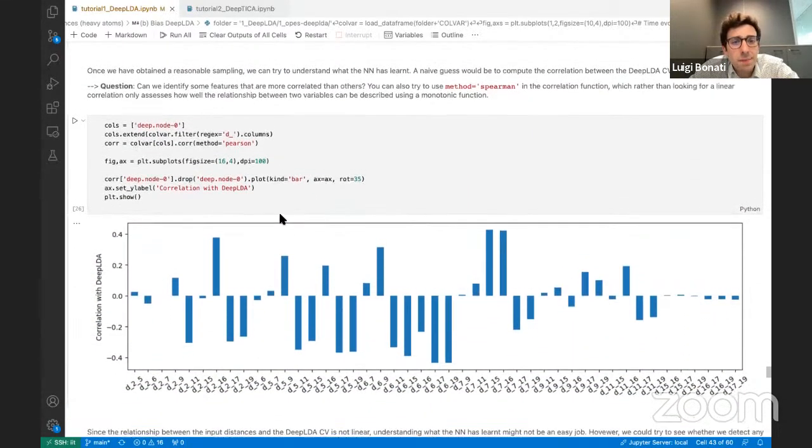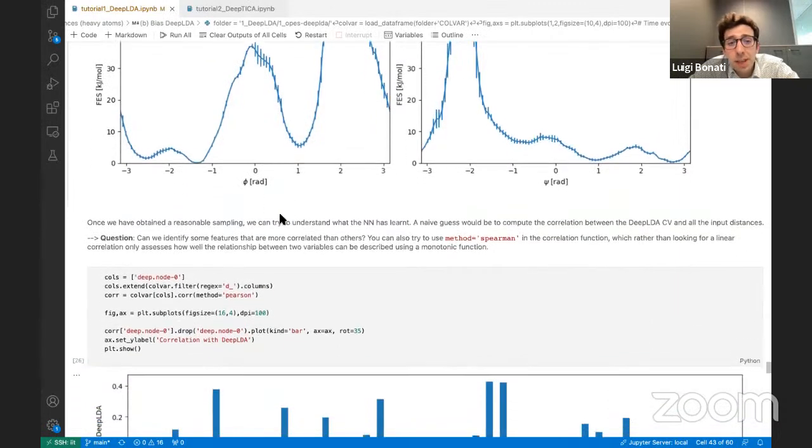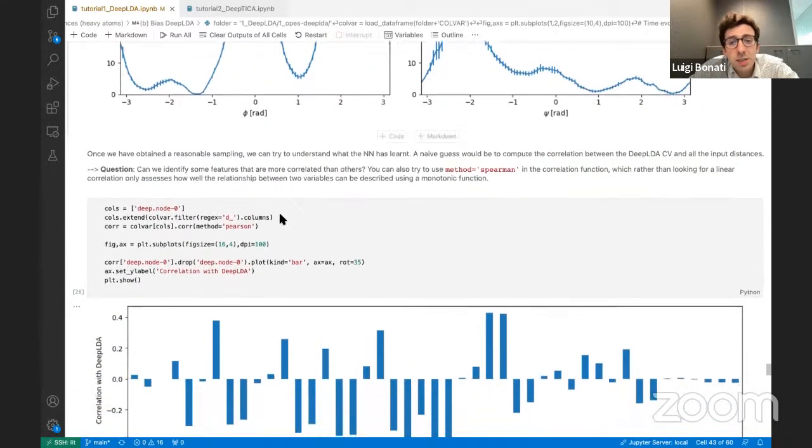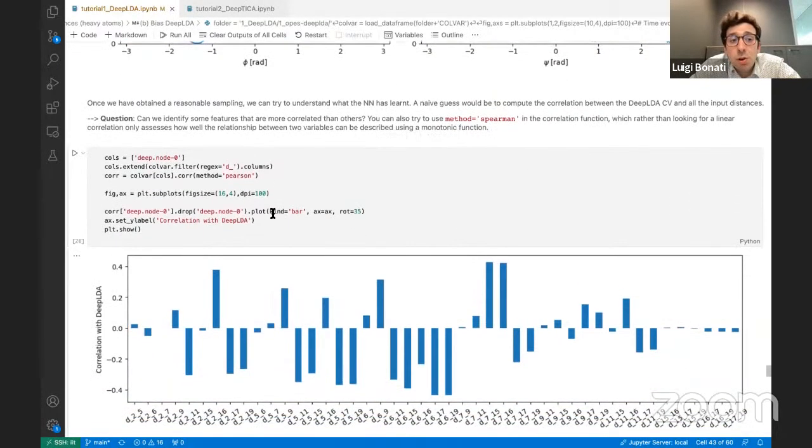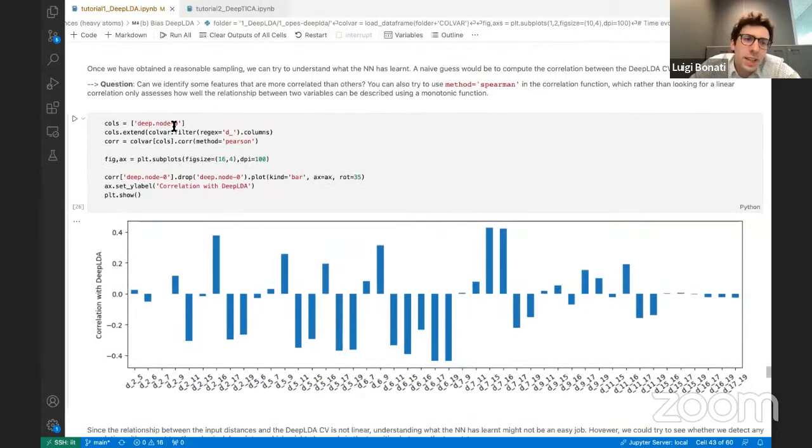Once we have a reasonable sampling, as I was saying before, we can try to understand what the neural network has learned. What we can do, for instance, is to compute the correlation between the deep LDA CV and all the input descriptors.